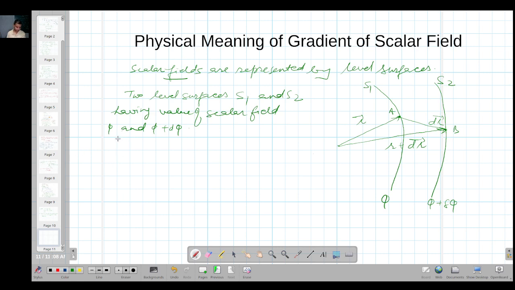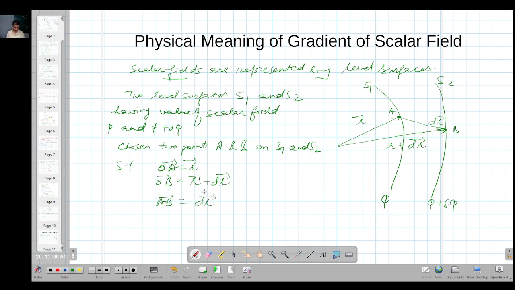So I have chosen 2 points A and B on S1 and S2 such that OA vector is equal to r vector and OB vector is equal to r plus dr vector, and AB is equal to dr vector.